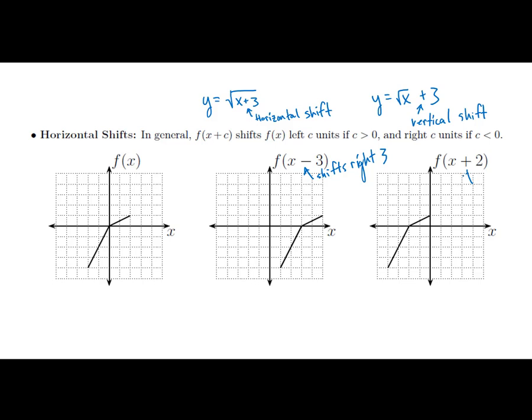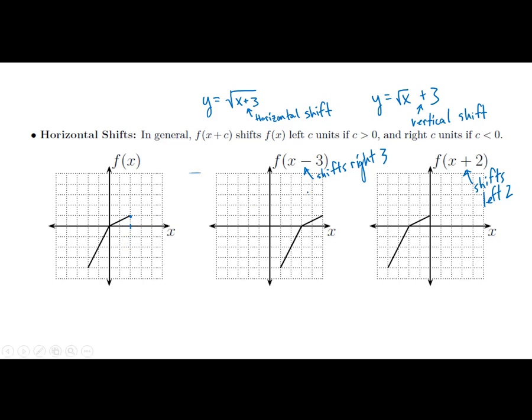And if I say x plus 2 in the argument of the function, that actually shifts it to the left by 2. And so this might seem a little counterintuitive, but the way to understand this is that the x is telling me when certain y values are happening. So over here, y is equal to 1 when x is 2.